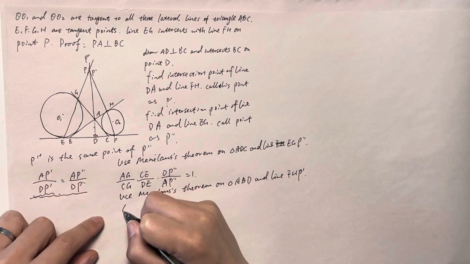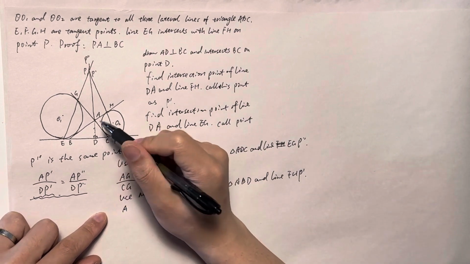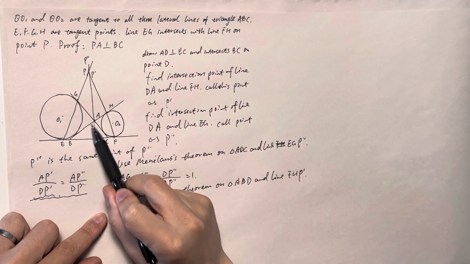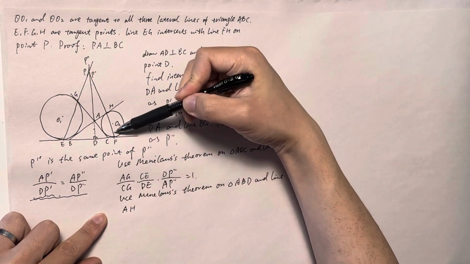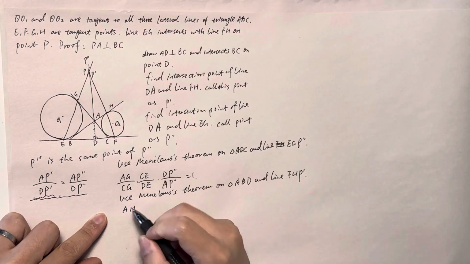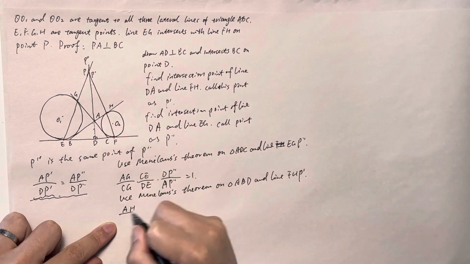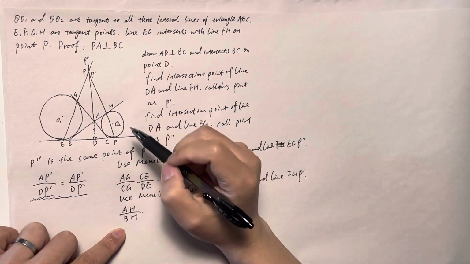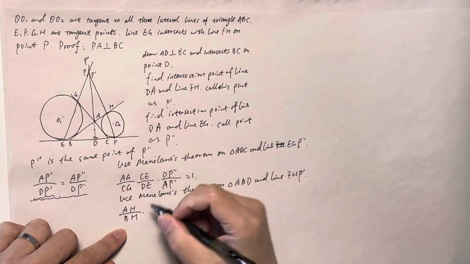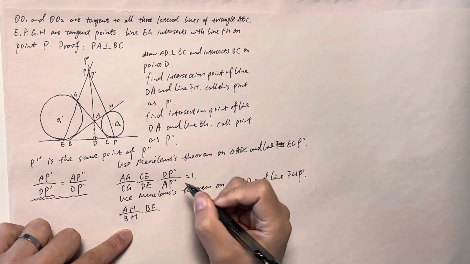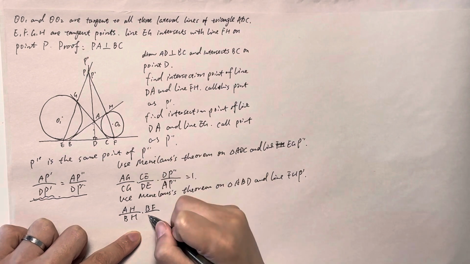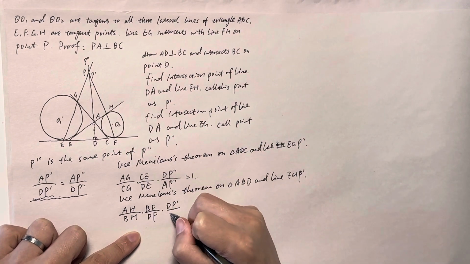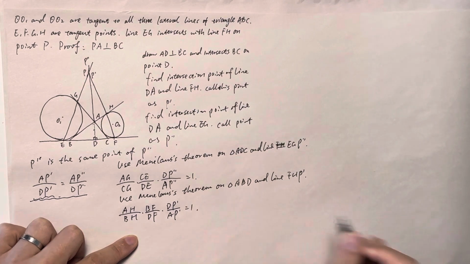So we got AH divided by BH times BF divided by DF times DP prime divided by AP prime equals 1.